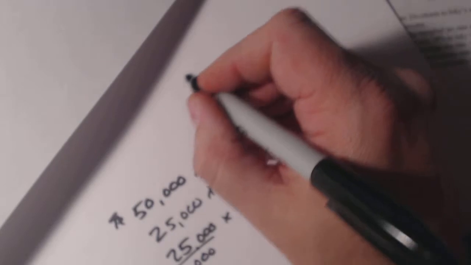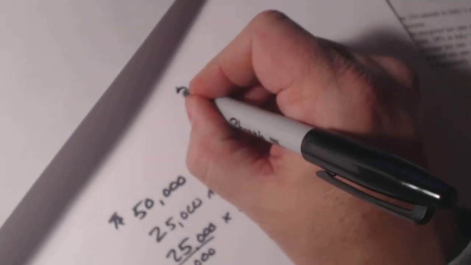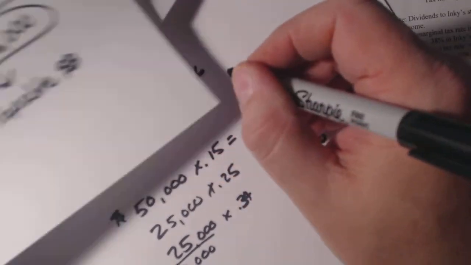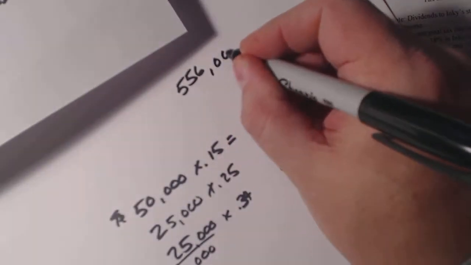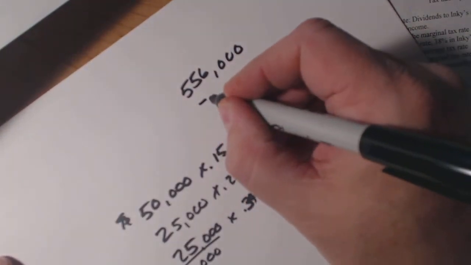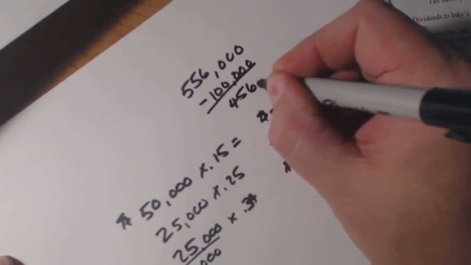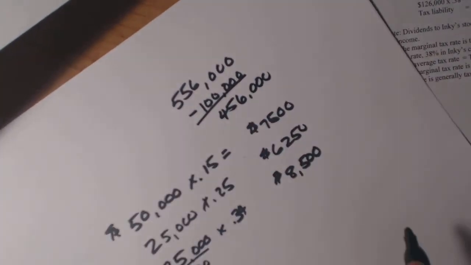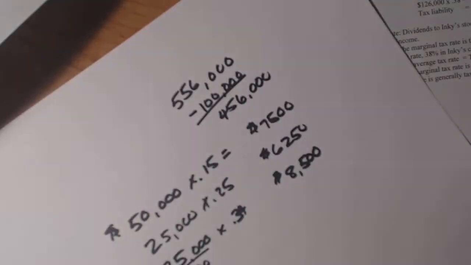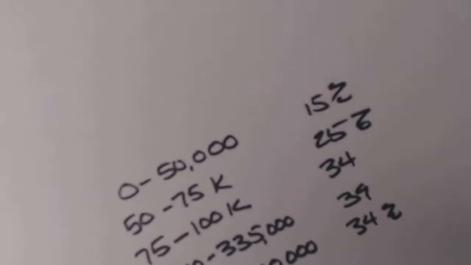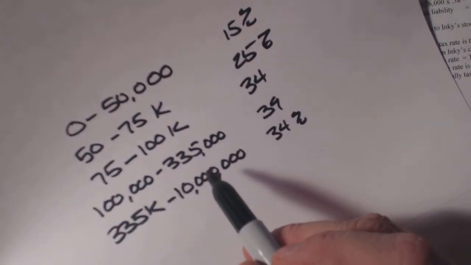So we have a difference of 556,000 minus 100,000, which is 456,000. Now, just bear with me on what I'm doing. We're still in the tax tables, because we're now in the next, that large tax table. It's the piece between the 100 to 335,000.